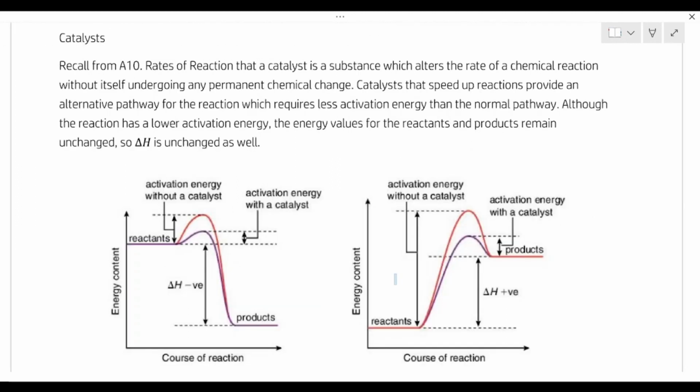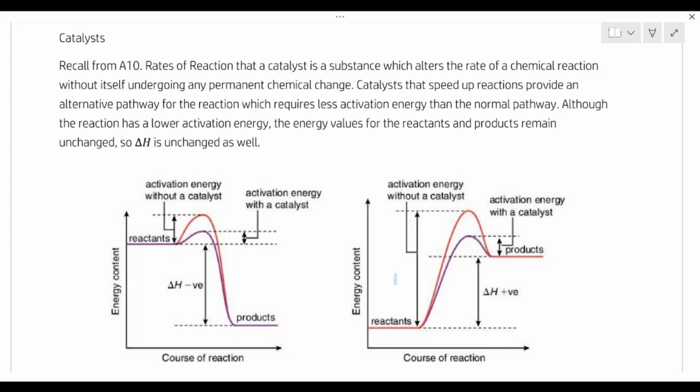Now, you should recall from rates of reaction, if you've covered that topic, that a catalyst is a substance which alters the rate of a chemical reaction without itself undergoing any permanent chemical change. Catalysts that speed up reactions provide an alternative pathway which requires less activation energy than the normal pathway.